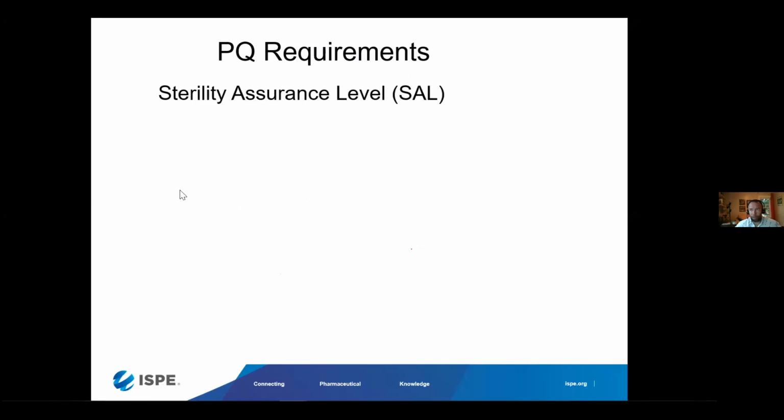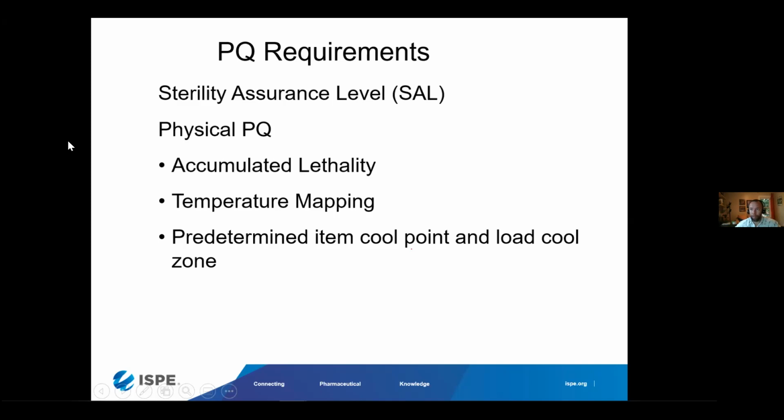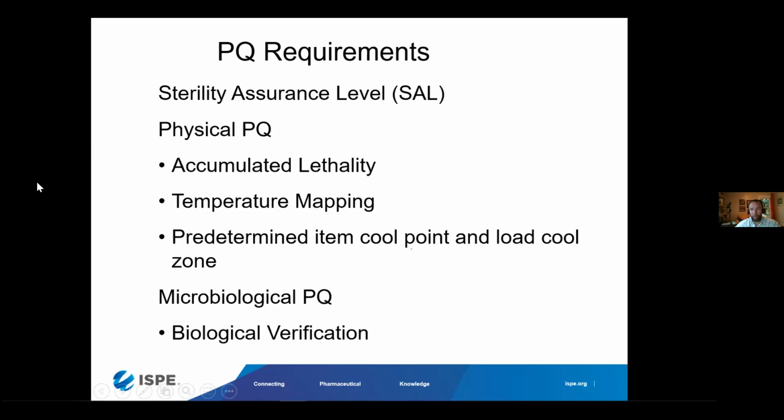Everywhere across the world, we're expected to demonstrate the same performance qualification requirements: the sterility assurance level, the physical PQ with the F0 or accumulated lethality, using thermocouples for temperature mapping at these worst case locations. Microbiological performance qualification is using the biological indicator, which is the worst case organism and population and resistance to steam.